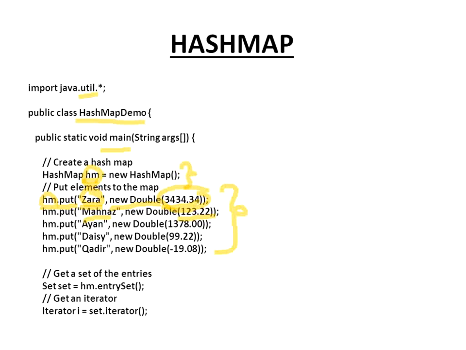Now this code is used to get a set of entries. So we have Set equals hm dot entrySet. The whole entry set will be retrieved. Here we have created an iterator.